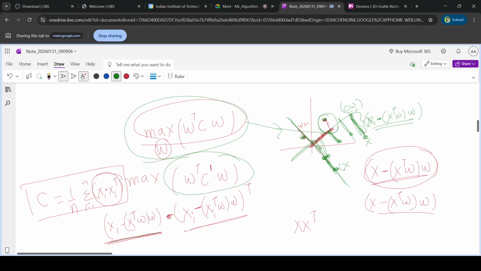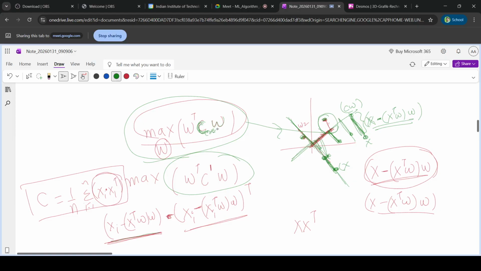There is a huge big equation which sir has solved in the 1.6 video, but what sir has done, I have just explained. We just did this w transpose c calculation. C is what? Covariance matrix.